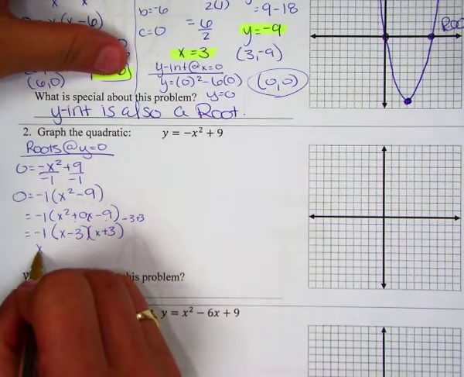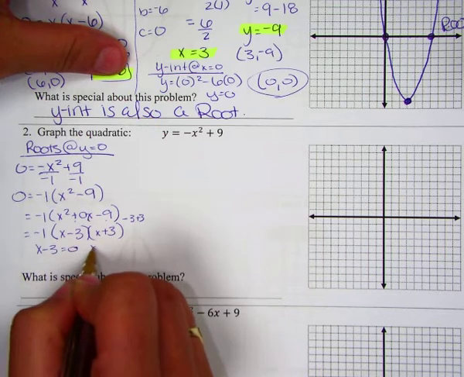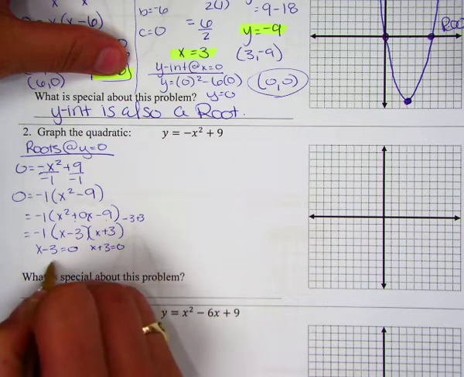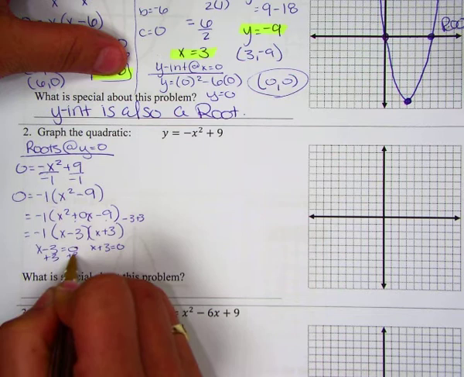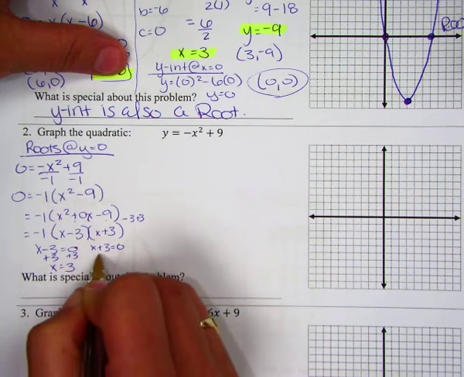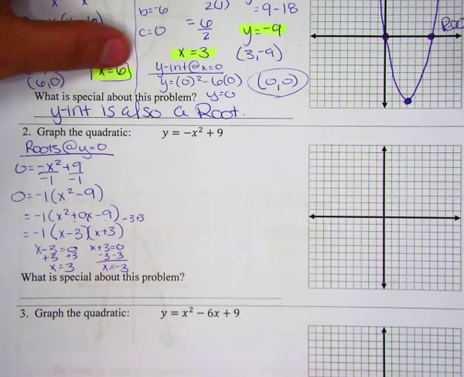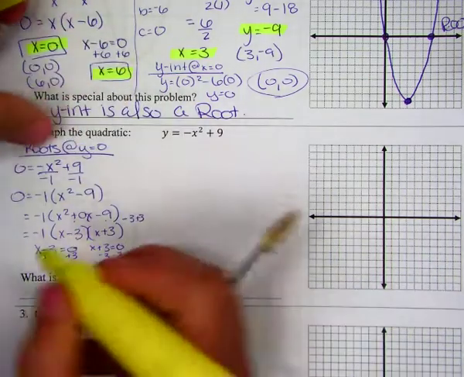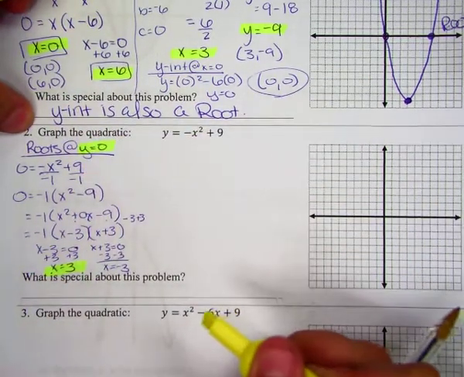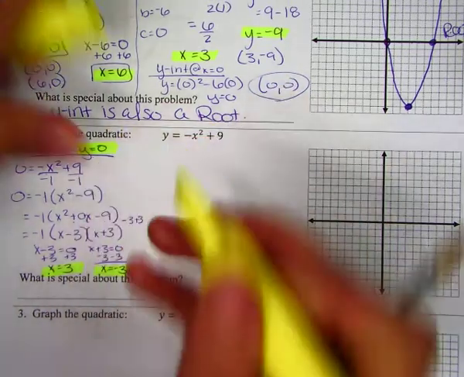Set both factors equal to 0. Add 3 on both sides. x equals 3. Subtract 3, x equals negative 3. So the roots are (3, 0) and (-3, 0).